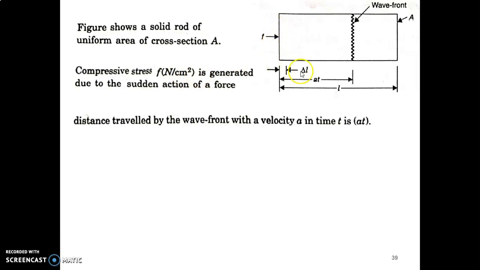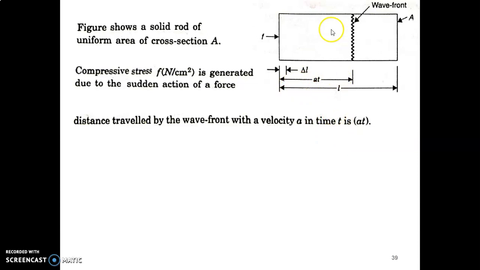And the distance traveled by the wavefront with the velocity a in time t is at. That means this wavefront is traveling from this end to this end. Now it has reached this position. The velocity of this wavefront is considered to be small a, and it is traveling a distance at.